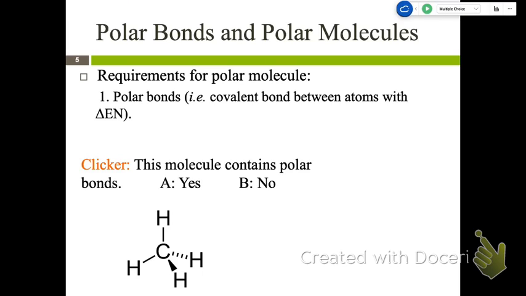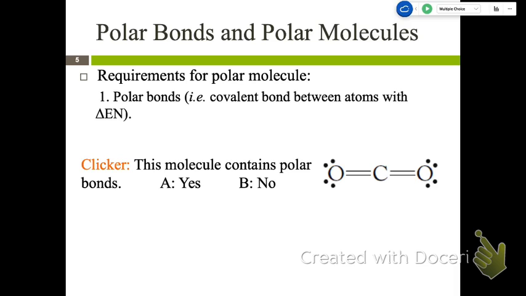No more steps. Because the question of polarity is, is there a non-zero sum? So if we add up all the dipoles, is it symmetrical or not? If we don't have any dipoles, then we're done. So nonpolar. So no, doesn't contain any polar bonds. So the answer directly is not polar. Simple.